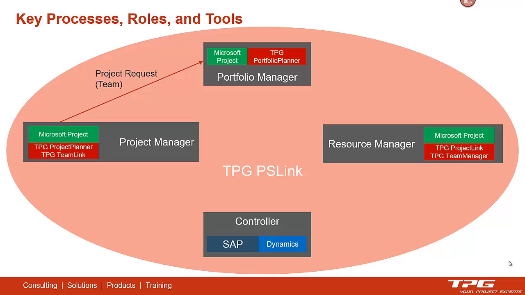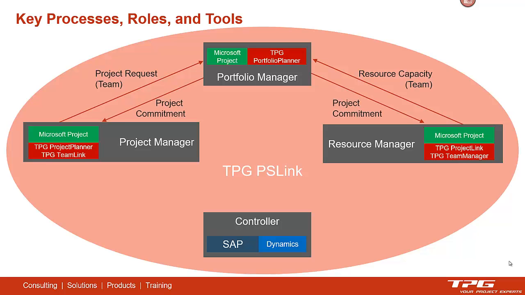So let's start with project managers. Project managers have project requests. Resource managers are planning the resource capacity of their teams, and based on the capacity and the project requests, the portfolio manager can commit projects and say, okay, we can do these projects in that time frame.